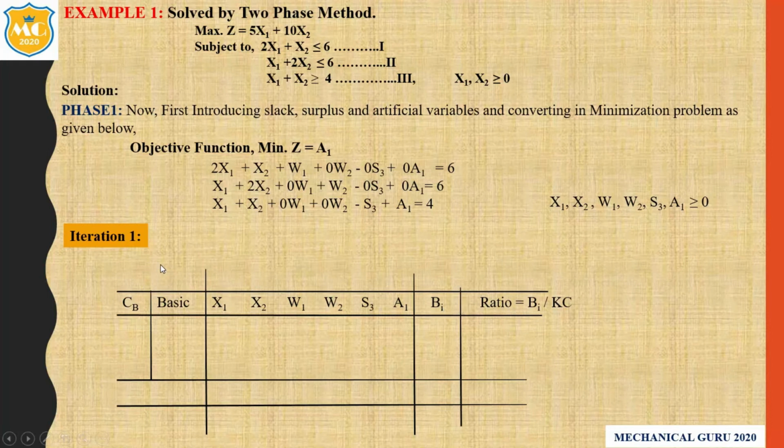Here we write the profit constant, that is Cj. Our objective function is minimize z equals a1, so we just put the a1 value as 1, and all the remaining values are 0.